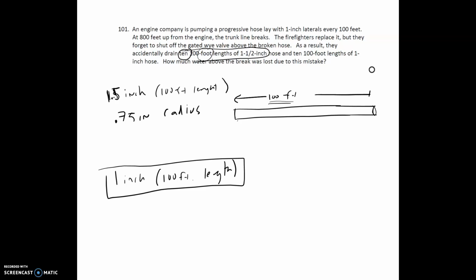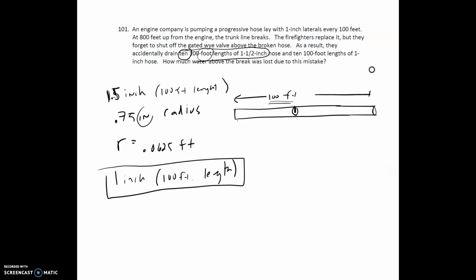We don't like inches, right? We got to get everything to feet. The conversion would be to divide by 12, and the radius of the hose, half the diameter, is 0.0625 feet.